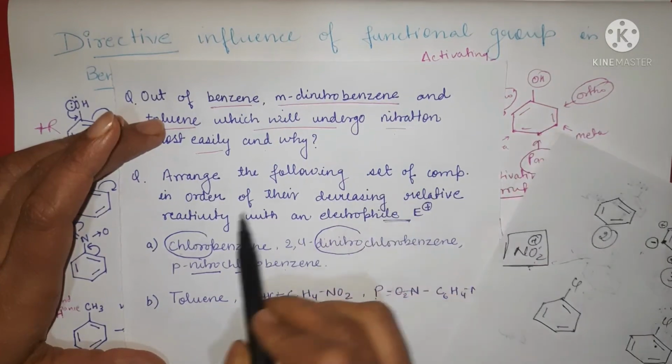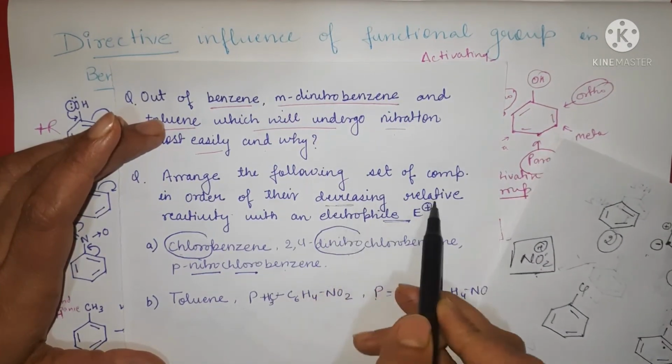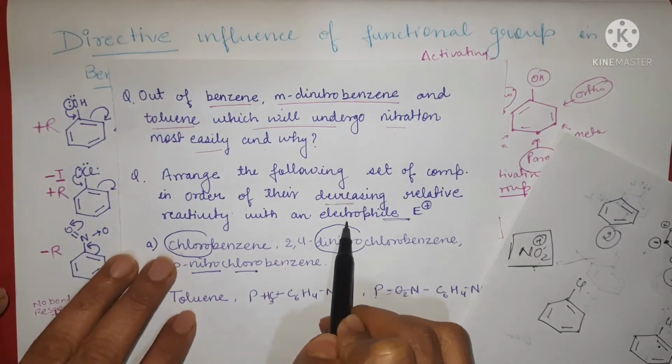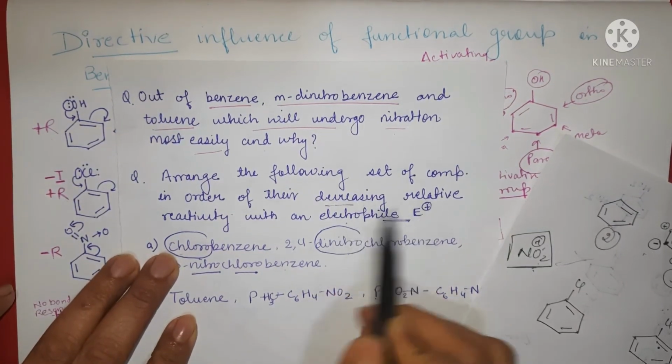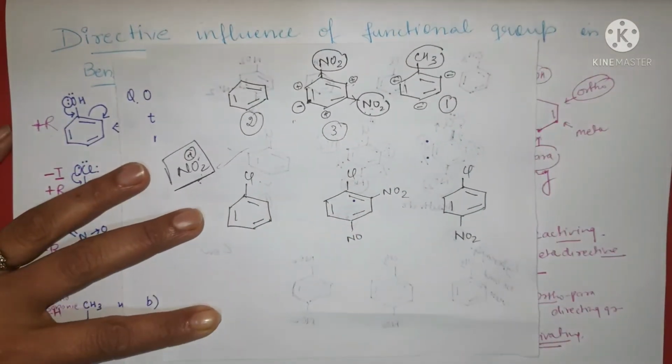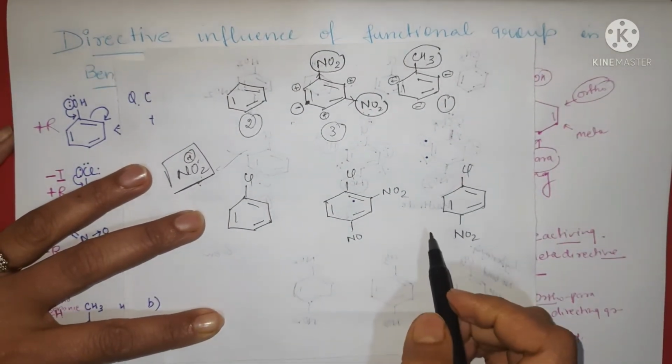Arrange the following set of compounds in order of their decreasing relative reactivity towards an electrophile. Means which will give decreasing relative reactivity with an electrophile, means which is going to react less with the electrophile.